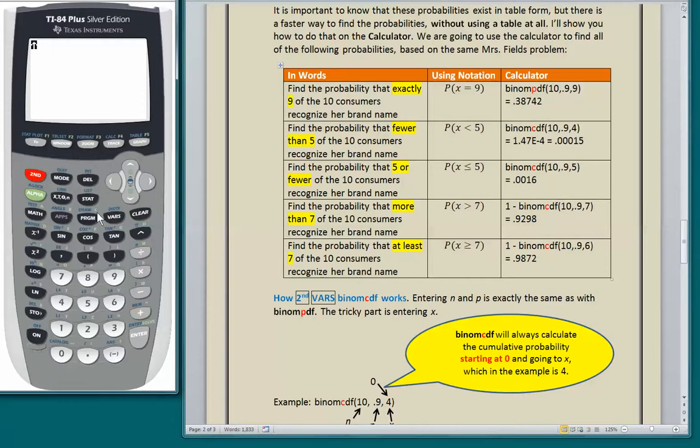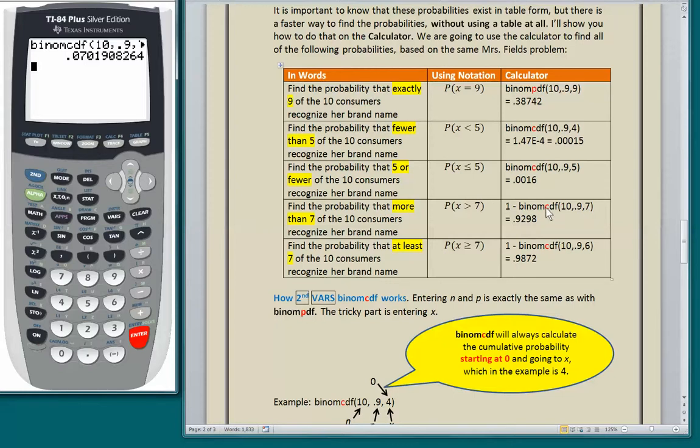So we're going to go second vars, binom CDF, and now I'm going to put in these values: 10, 0.9, and 7. So again, that's the probability that x is anywhere from 0 to 7.